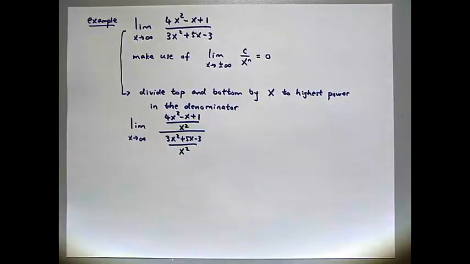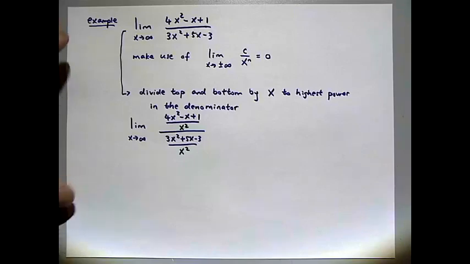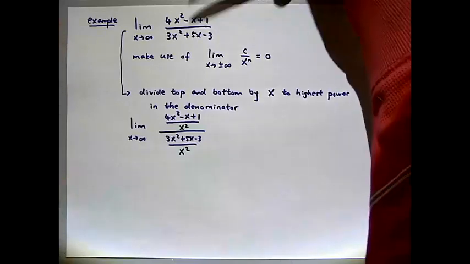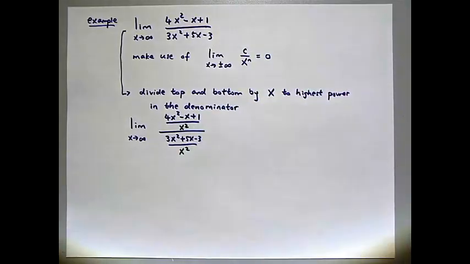This doesn't change the function at all. It's still the same thing. I divide by a 1, essentially, or multiply by a 1. So you look for the highest power, 2 here. We divide up and down by x to the same power.